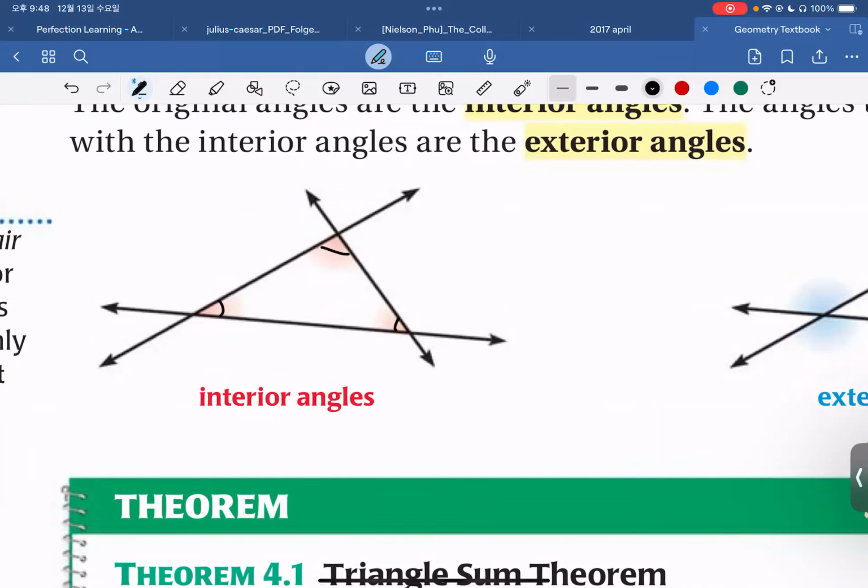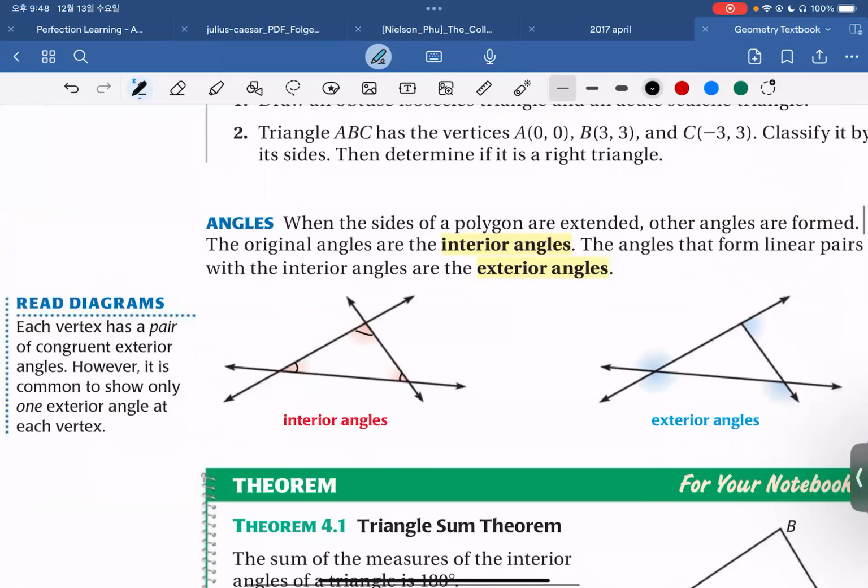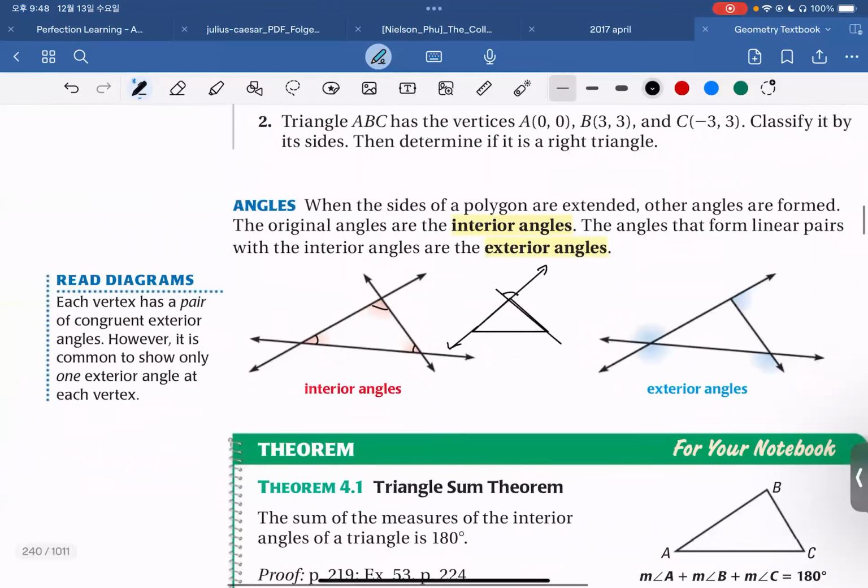But exterior is if, for example, there's a triangle here and you assume that all the lines are infinite, like something like this, and like this, then this would be an exterior angle. So it's an angle outside of the triangle that's formed with the lines when the sides of a triangle are extended. So that's an exterior angle.